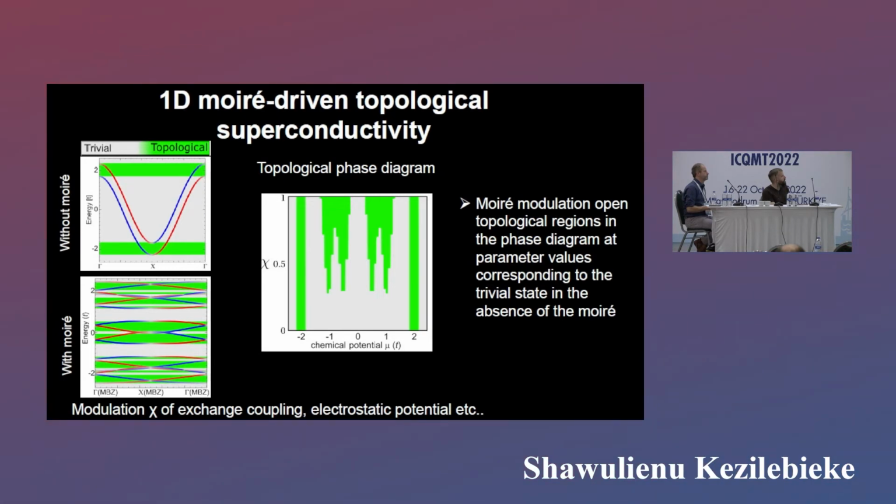The result is much clearer if you look at the topological phase diagram. When you turn on the moire, you create new regions which do not exist without the moire. That region now hosts the topological state. So by creating a moire in your system, you create new topological regions that would be trivial without the moire.